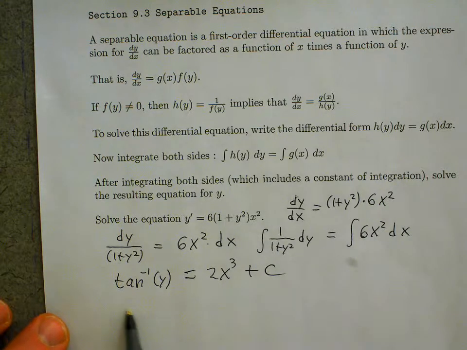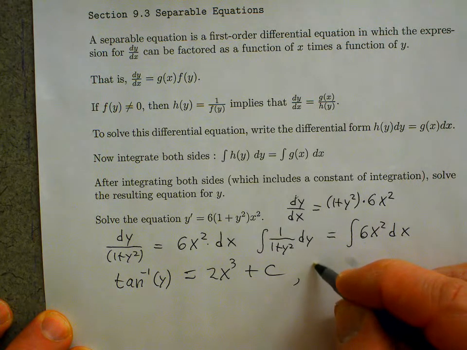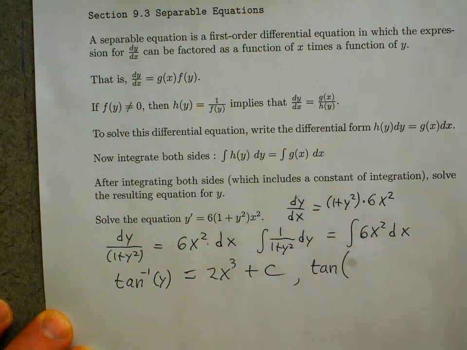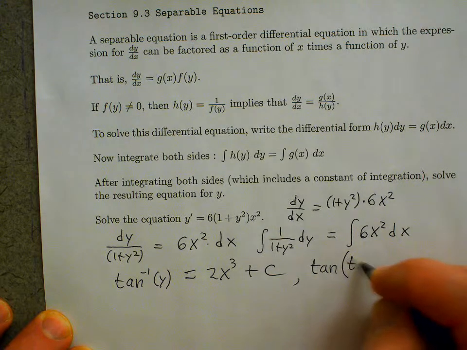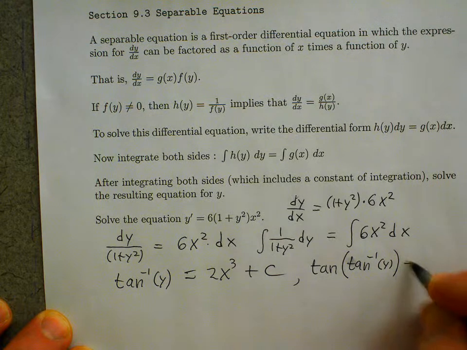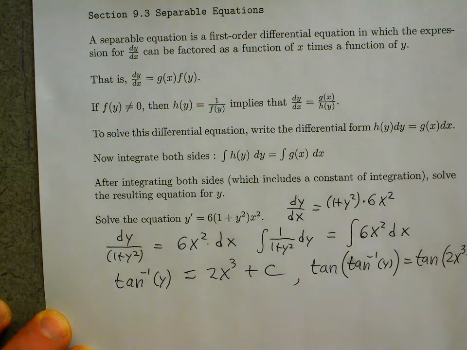So if the inverse tangent of y equals 2x to the third plus c, if we use the inverse notation, we compute the tangent of both sides: the tangent of the inverse tangent of y on the left-hand side, and the tangent of 2x to the third plus c on the right-hand side.